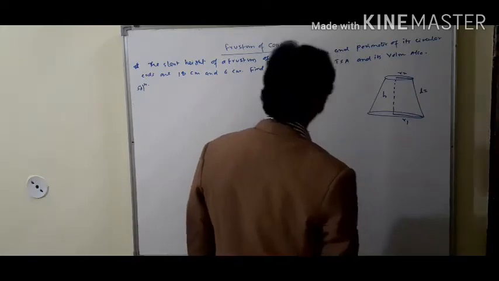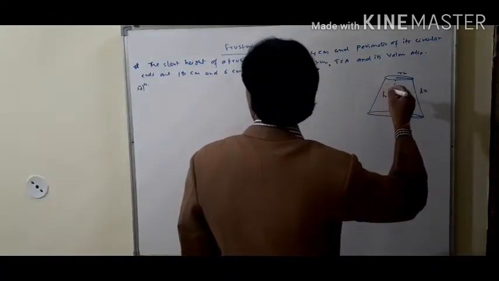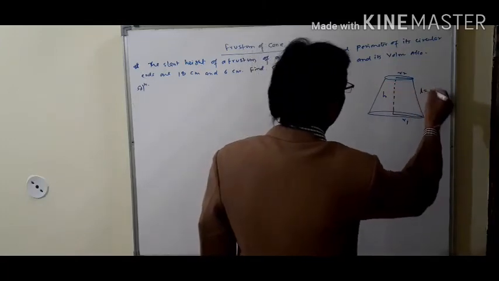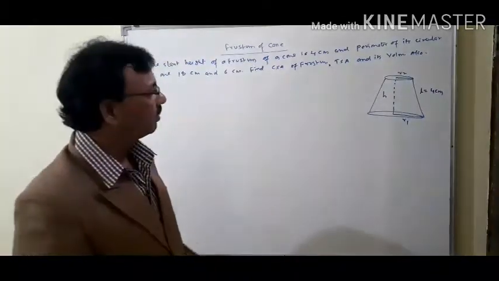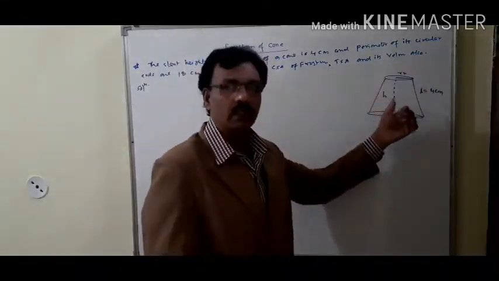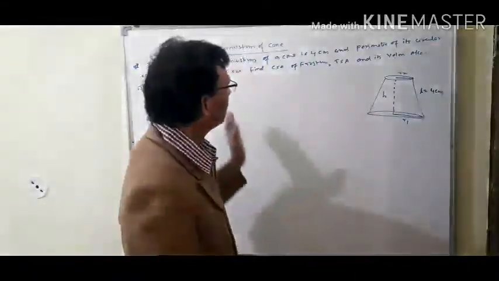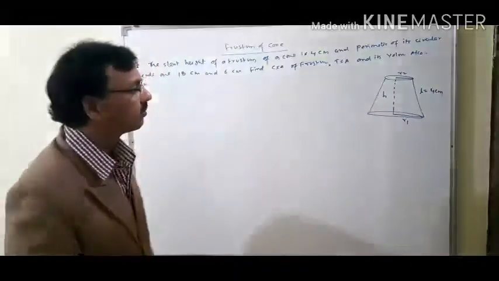Only L, the slant height, is directly given here. Slant height is 4 cm. In this situation, first we find R1, R2 and H, all three things. Then we will start finding the CSA, TSA and volume.